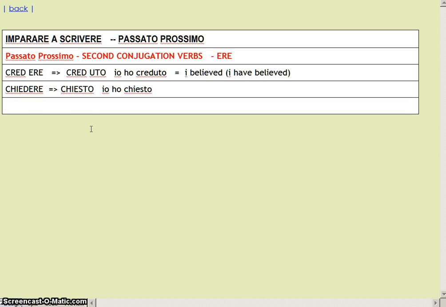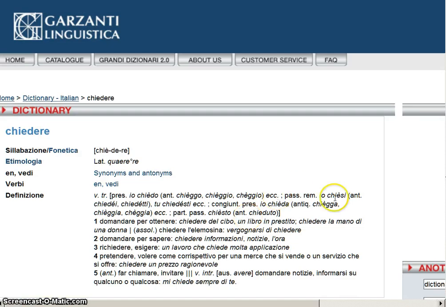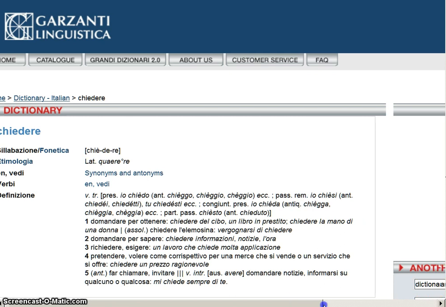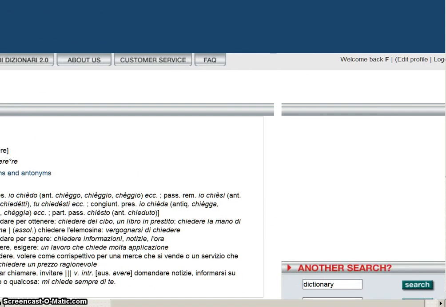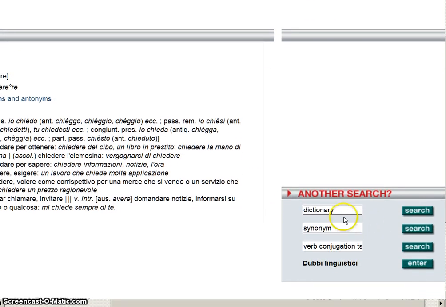Let's do another one. Let's take esistere, which means to exist. We go back to Garzanti. Another search. Yes, we want to find esistere. Then I'm going to reduce the size maybe.